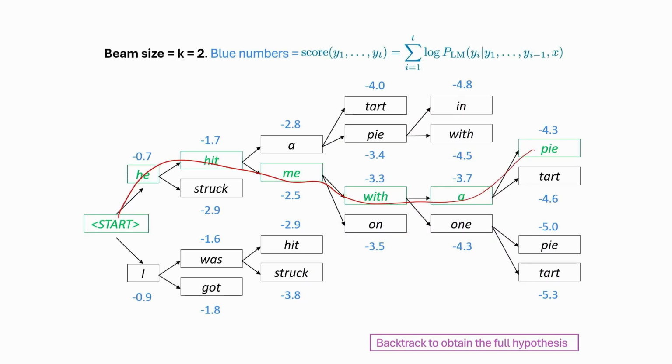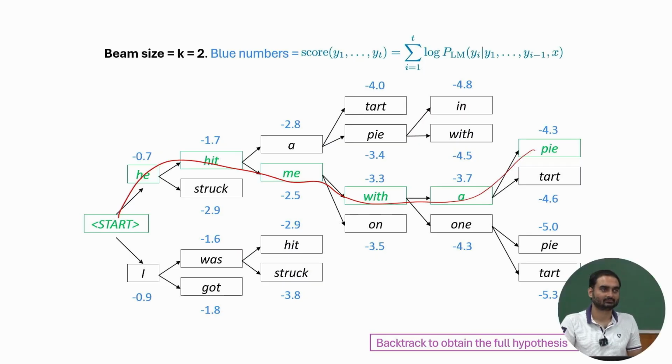The problem here is that longer hypotheses will be penalized, and shorter hypotheses will be given more advantage. Why? With a longer hypothesis, you keep adding multiple negative values, or basically you are multiplying so many probabilities, which leads to a lower probability value.